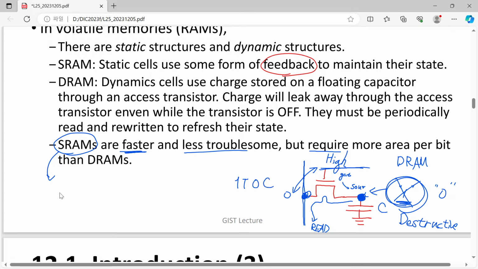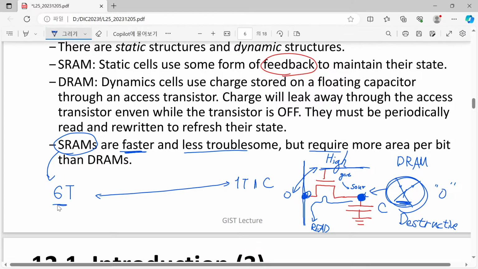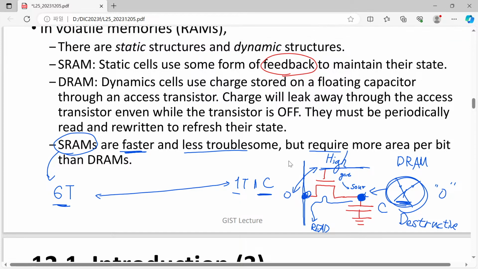And in the case of SRAM, it is 6T. So wow, the number of transistors is 6 times larger. Then you may say that, okay, although we have here 6 times difference, here we have one capacitor, so maybe the area ratio is not that high.